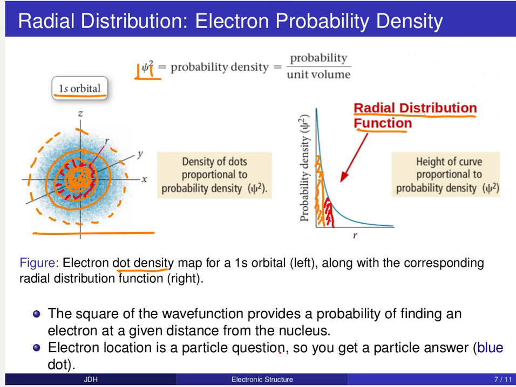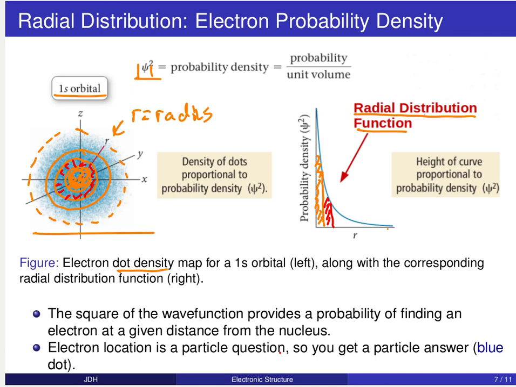And you can see as you start going larger and larger in that distance from the nucleus, denoted here by R, you can kind of think of it as a radius, distance away from that nucleus. As this R gets higher and higher, we'll notice that the density of dots falls off, and it actually falls off exponentially, okay?